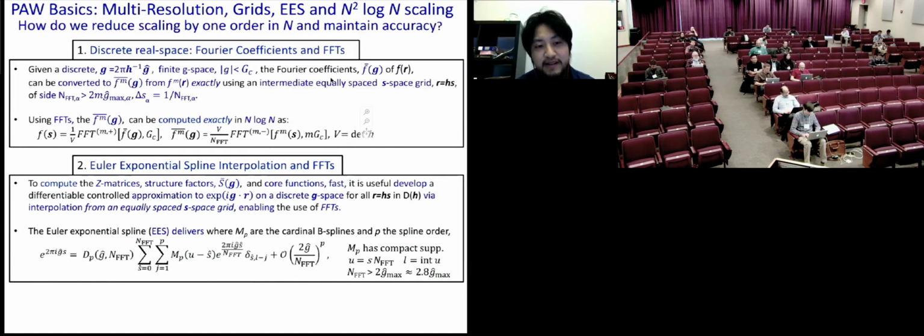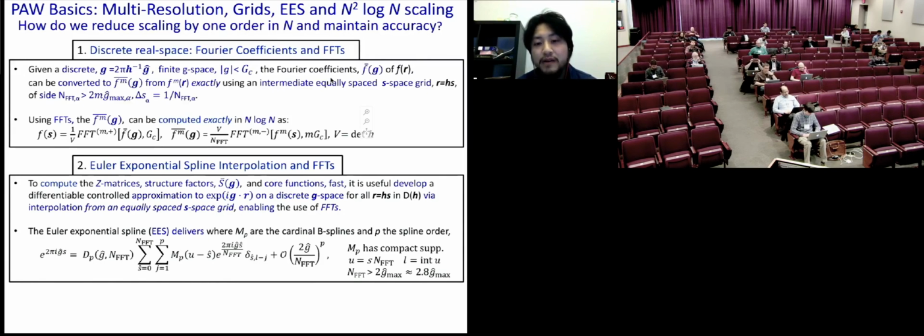If you think about all these terms, for example, this S(G) term, we call it the structure factor. We use it pretty much everywhere throughout our calculation. This exponential of iG dot r, where r is for each atom, so actually I should write r as a function of j, the big R as a function of j.